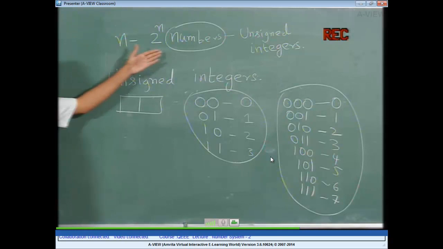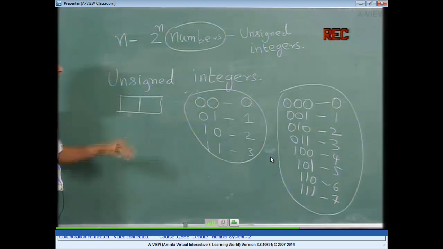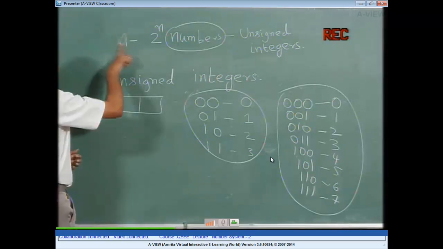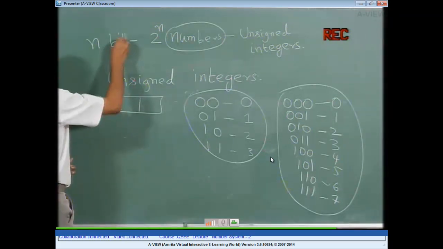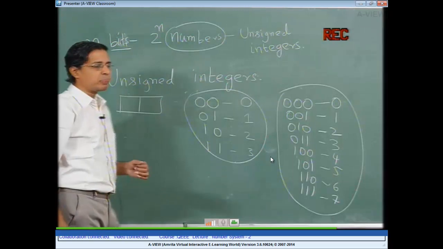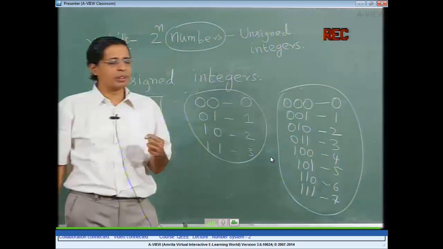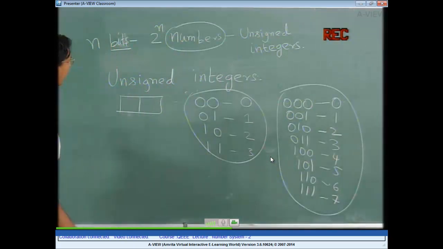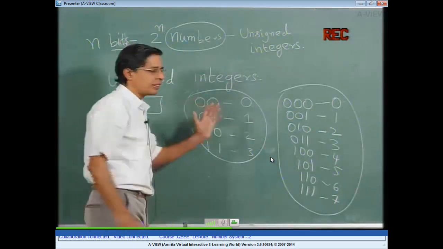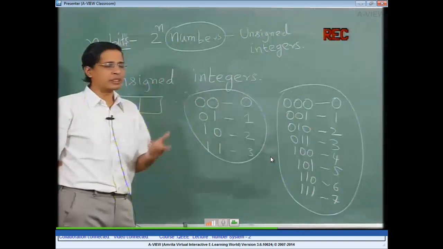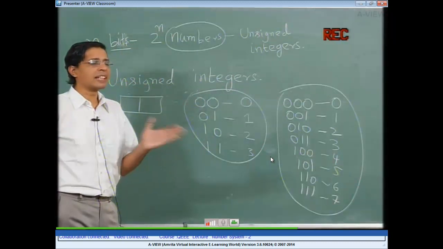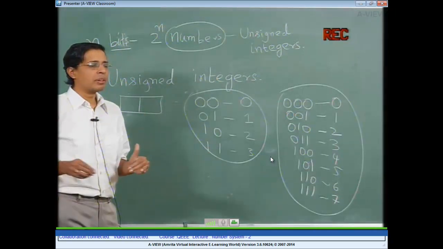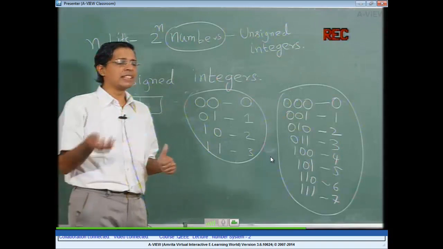A very simple proof for this statement is that every one of these n bits can assume one of two values, namely 0 and 1. So if we take a combination across n bits, since each can have 2 possibilities, I could have 2 into 2 into 2, n times possibilities, which essentially is 2 power n.